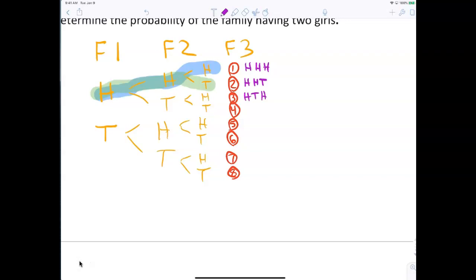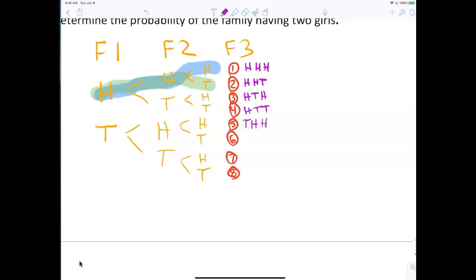Fourth branch. HTT. Now, have we exhausted everything where the heads is first? Yes. Now, fifth branch. THH. Nope. Sixth branch.